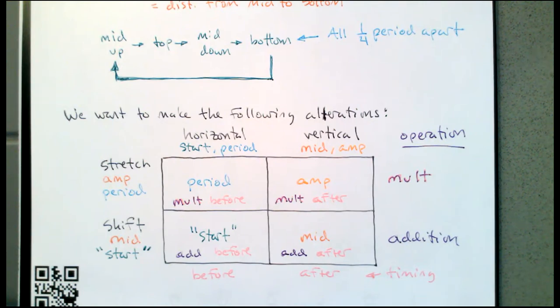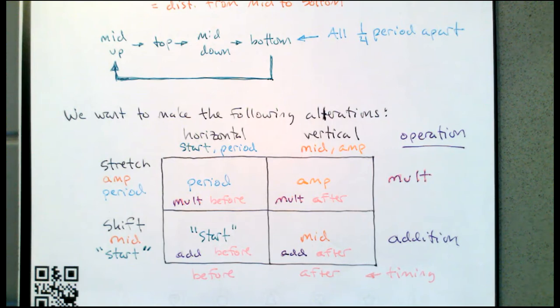Now all we have to do is translate all this into what we see in a graph and connect that to an equation. But these are the four things that we're going to be doing. I want you to think of stretches versus shifts.